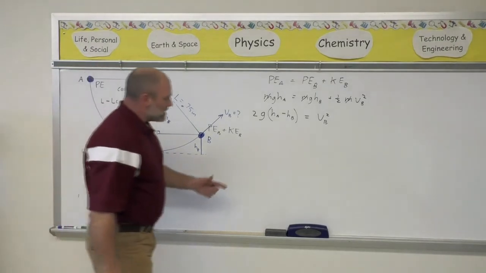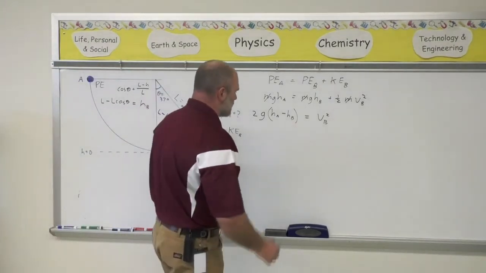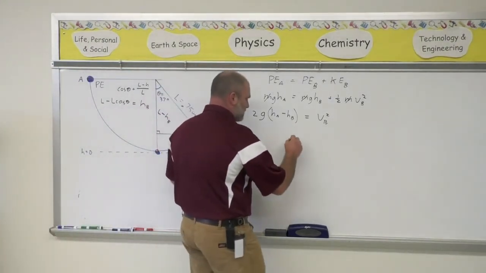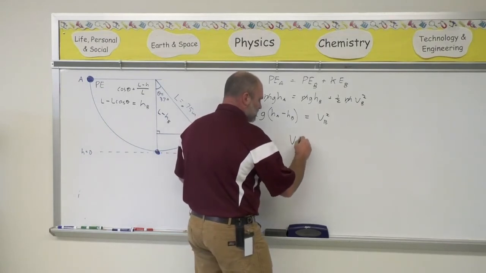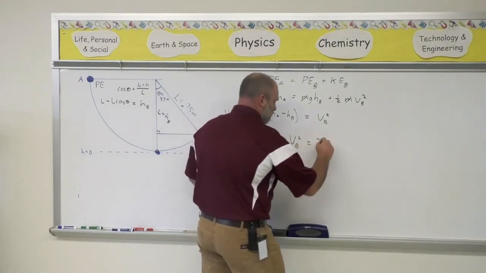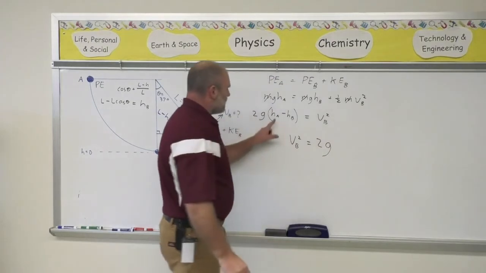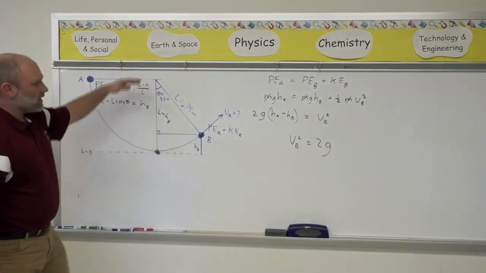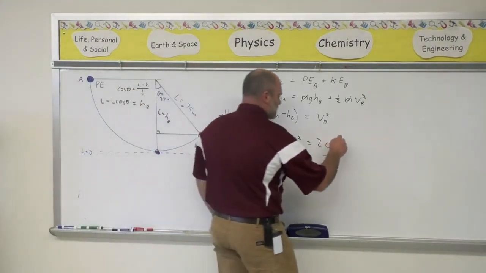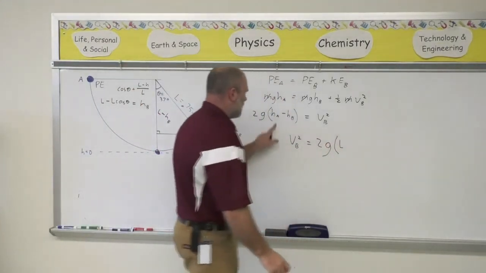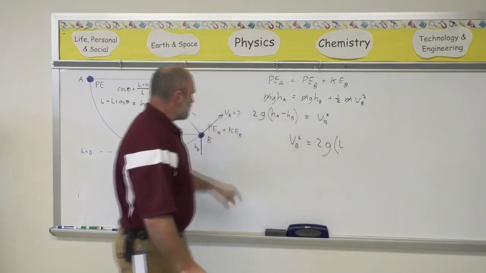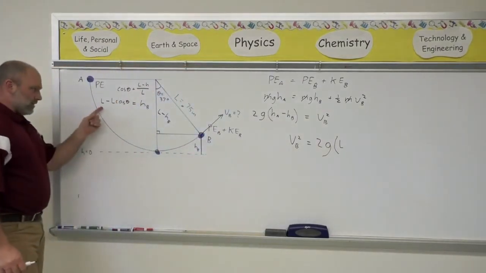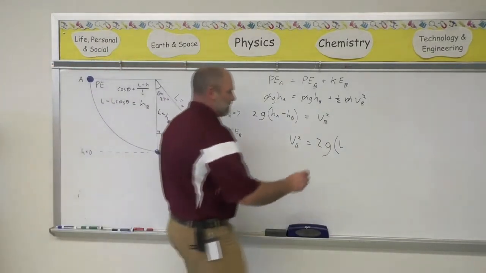So let's go back to our equation here and substitute some of those ideas. At this point, I'm going to turn it around just to save some space here. This is vB squared. Let's start rewriting this. This is 2 times g. The height at A, you might recall, is the same as the length. So I'm going to write L, that's the height at A. We just found out that the height at B is L minus L cosine theta.